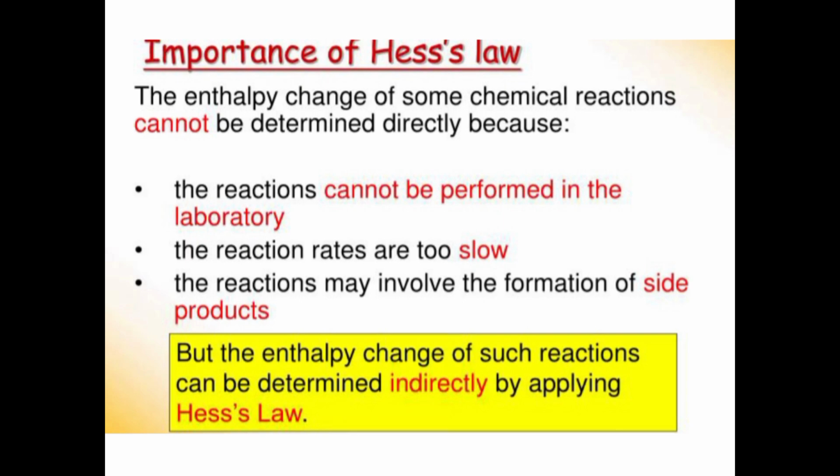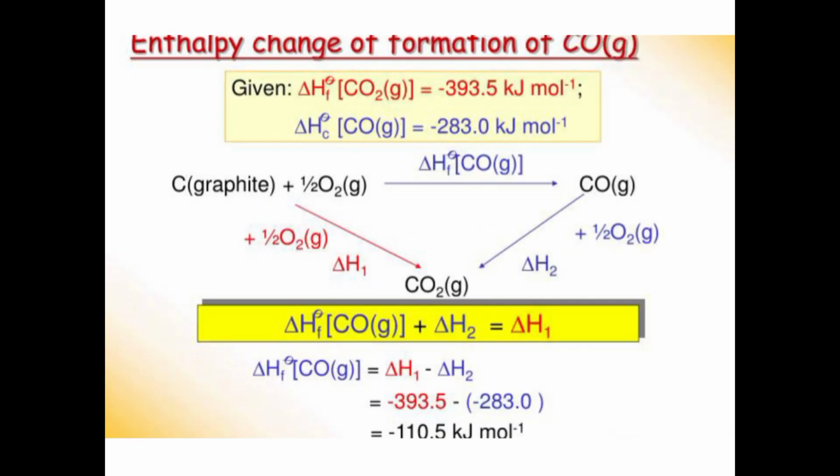So generally, Hess's law can help to understand the heat change or enthalpy change of some complex reactions, which are reactions that cannot be performed in the laboratory, or the reactions are slow, or they require formation of side products. Hess's law can be applied to be able to know their heat changes.